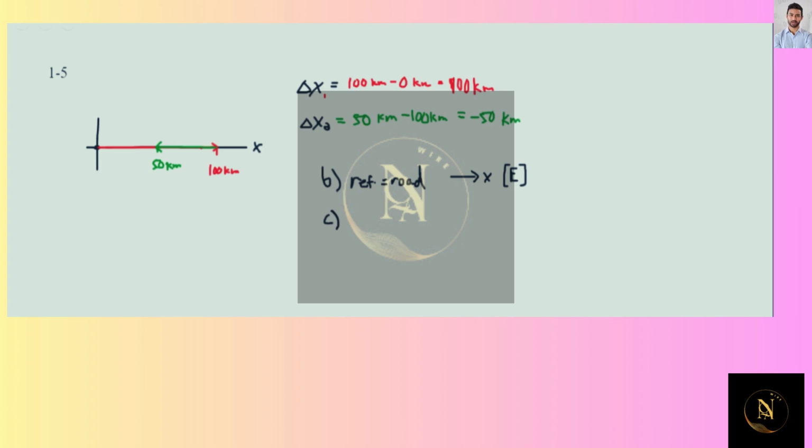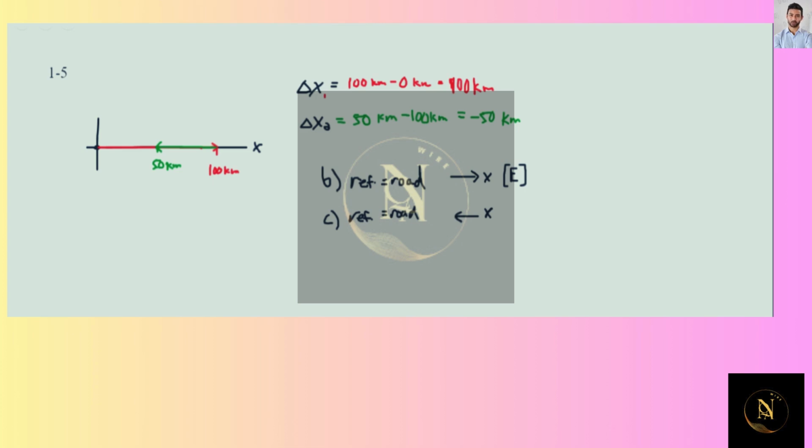If we want this final result to be negative, again, our reference can be the road as well. Part B was a bit more obvious. If we have left to be positive in our x direction, then we have our two displacements to be 50 minus 100. Sorry, negative 50 plus, no, sorry.